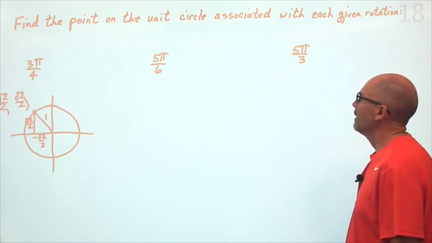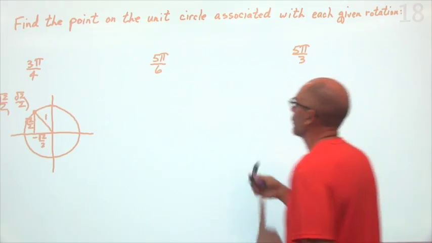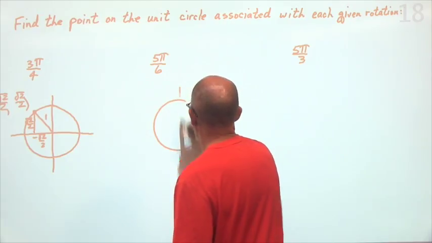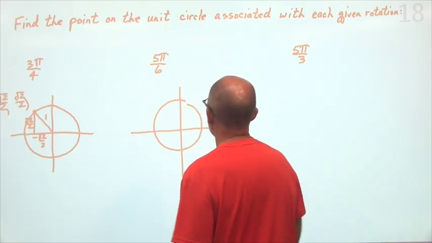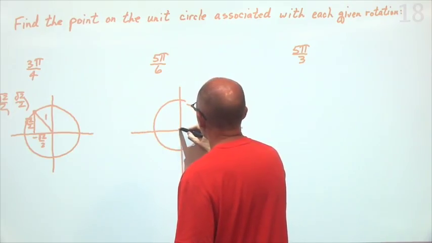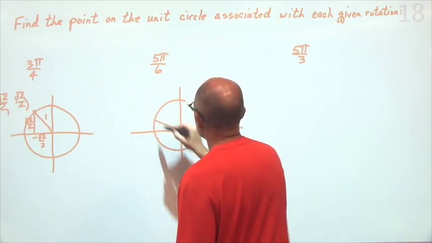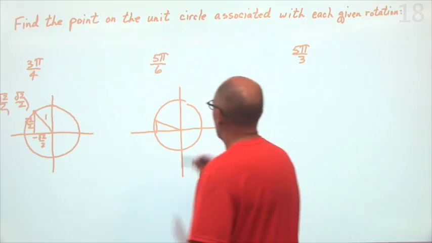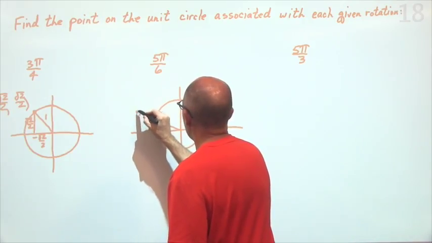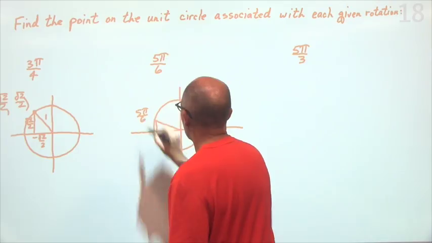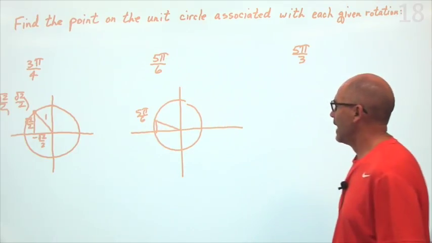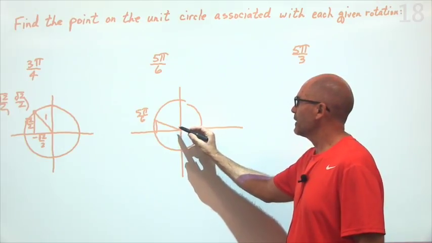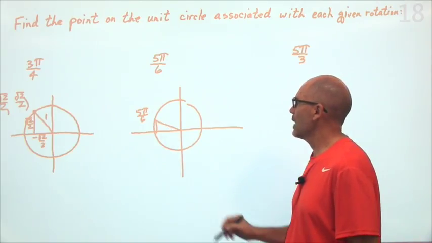All right, let's try 5 pi over 6. Where's that? Five pi over 6 is pi over 6 short of pi. So here's my 5 pi over 6 right here. Well, what's the point out here? Well, it's a pi over 6, pi over 3, pi over 2 right triangle.